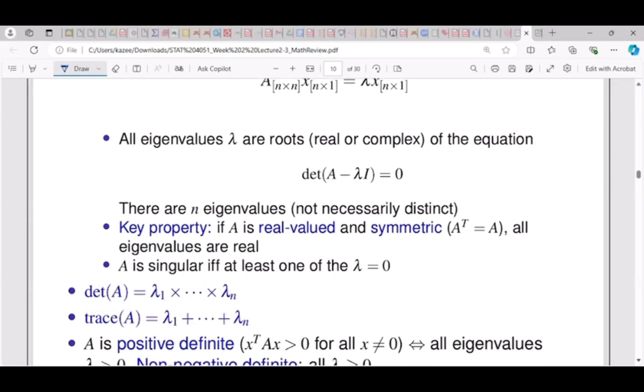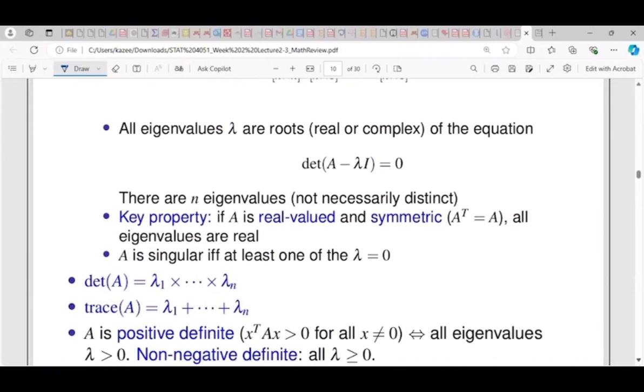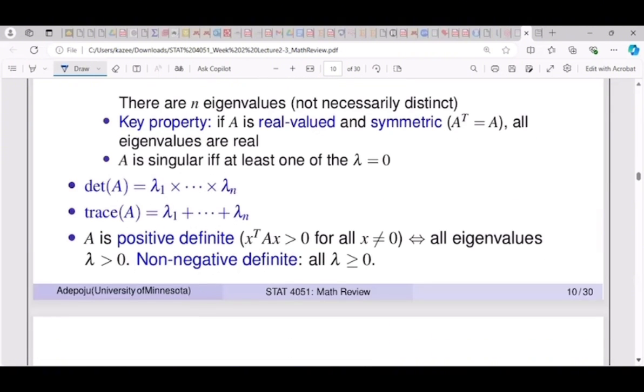Now, we can also find that the determinant of A is the multiplication of the eigenvalues lambda 1 to lambda n, and the trace of A is adding them, because lambda 1 to lambda n are going to occupy the diagonal of a matrix.